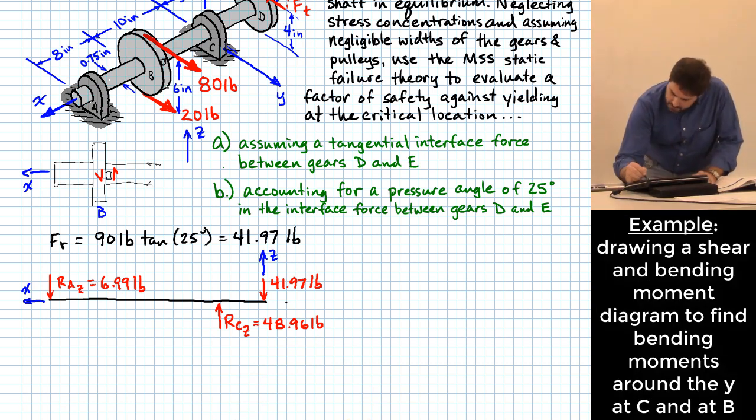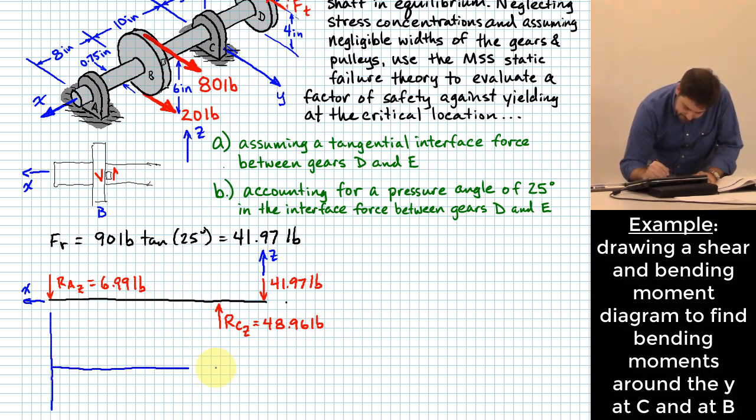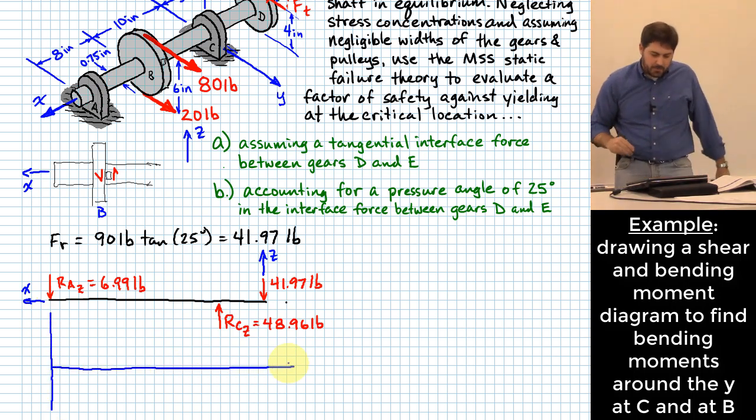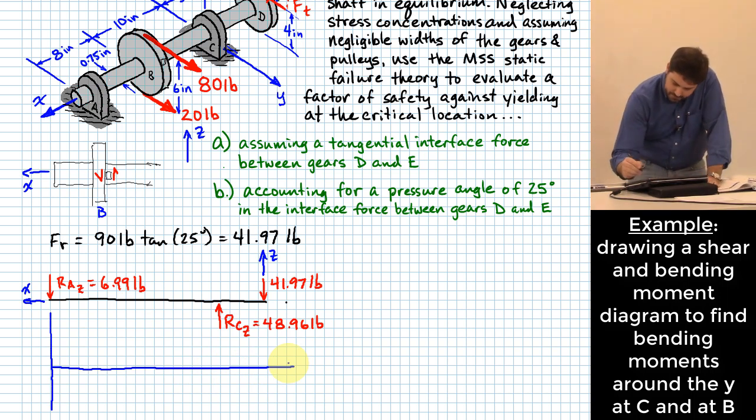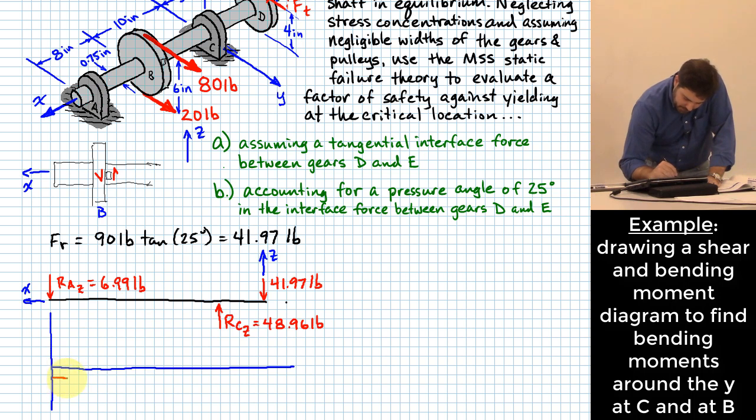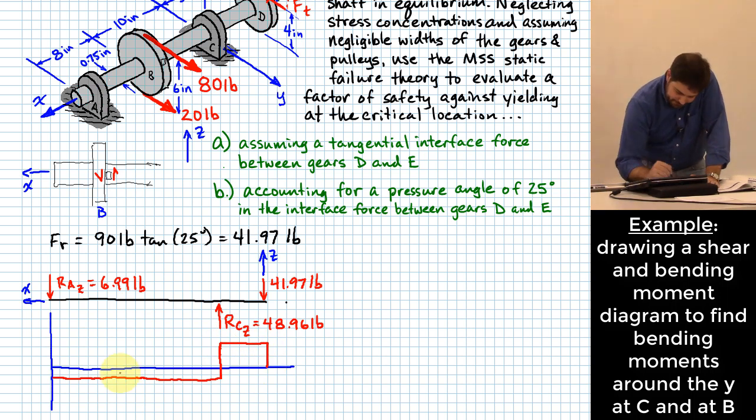What I might want to do is think about a shear and bending moment diagram. How will this look? I've started out with a relatively small negative value here. I'm going to jump up by a relatively larger value and come over here and come down. What are these two values?